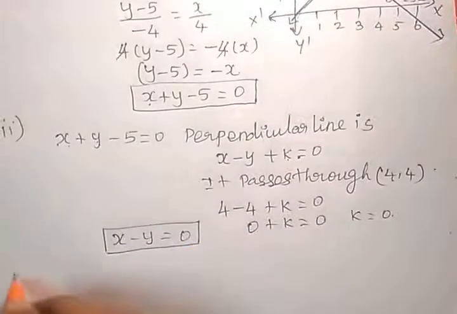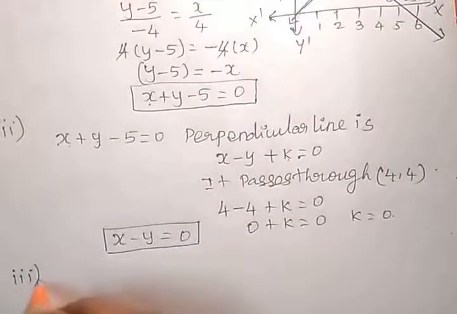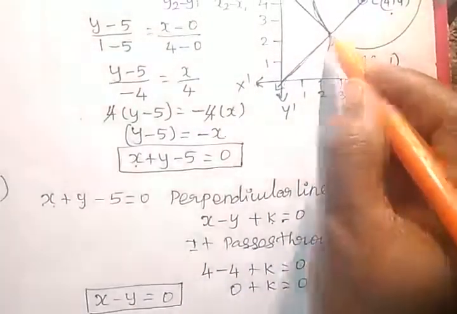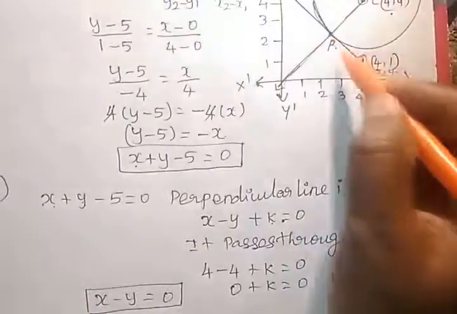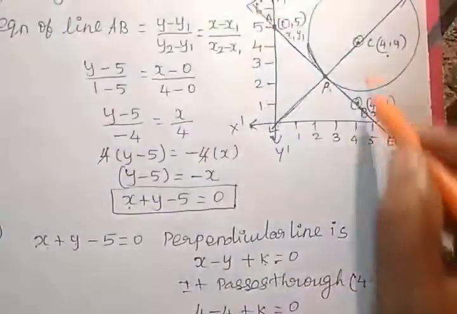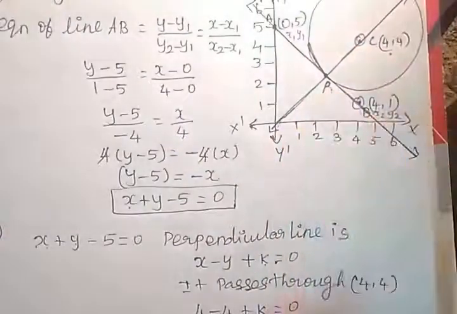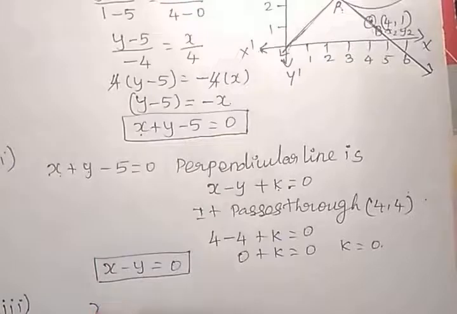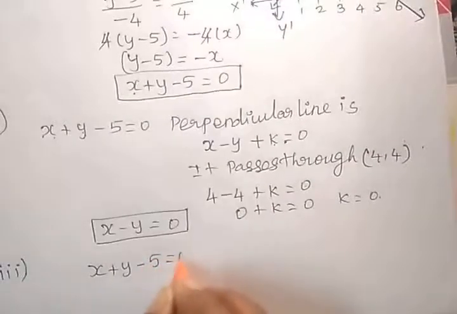The third question they are asking is, what are the coordinates of the point P? So, solve the equations of AB and CP, and we get the point P. The equation of line AB is x plus y minus 5 is equal to 0.